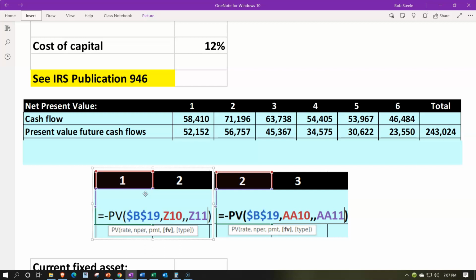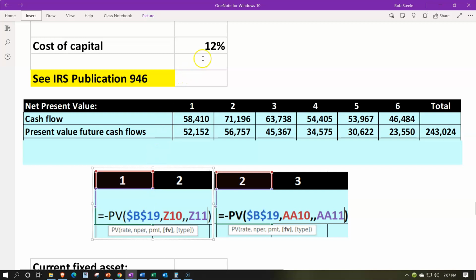These longer problems, it would be difficult even in a test question to force you to use just a mathematical calculation, and even tables would be difficult because it could take more time to do so. But take a look at the prior presentations to see how we can do that in those formats. Using Excel, it would look like this: negative present value of the rate, which would be B19. In this case, it's an absolute reference.